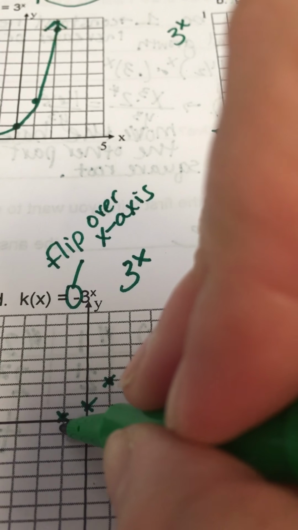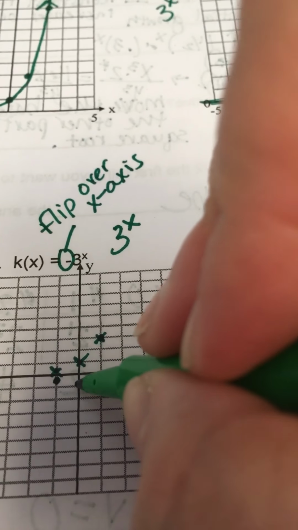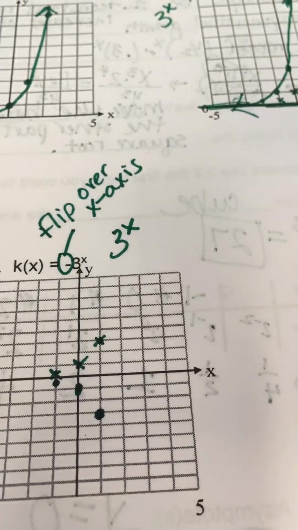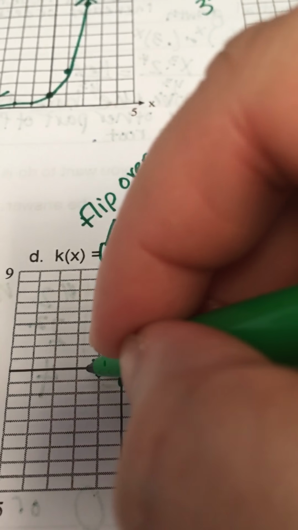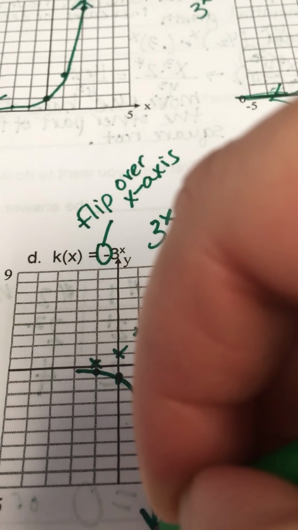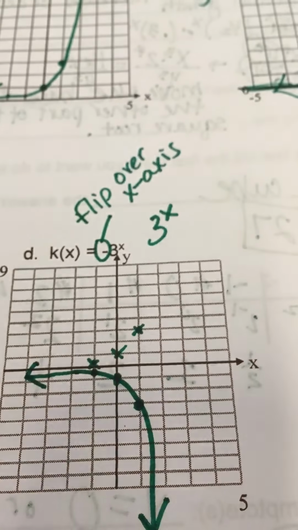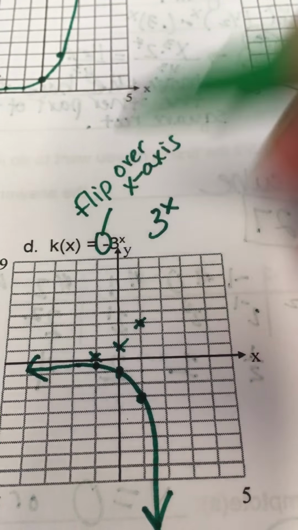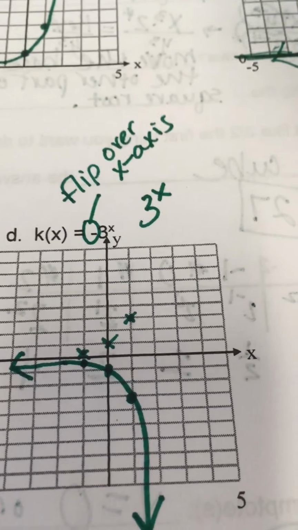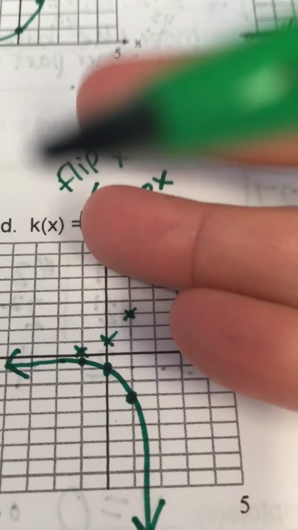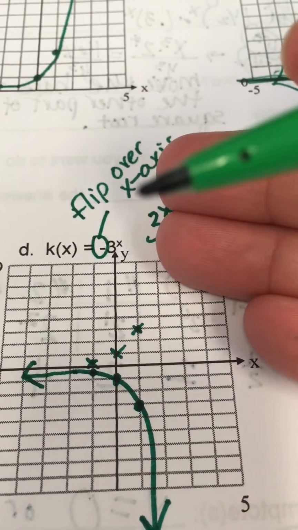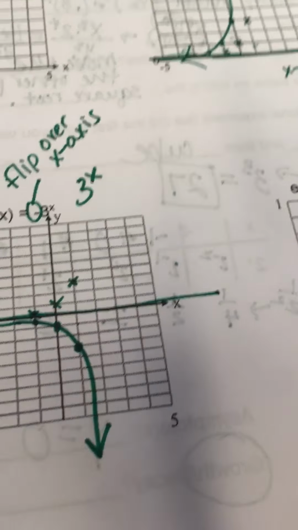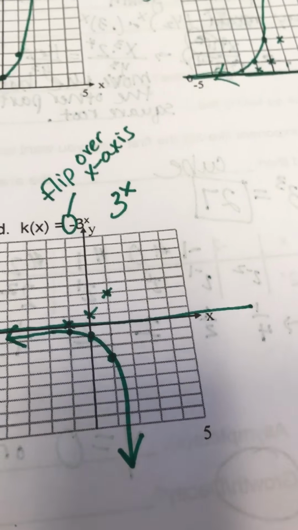It's a negative, so this goes upside down. If the negative is in front of the function, just like we did before, it flips from being up to being down. The asymptote is still here. The asymptote is actually the line it flipped over, so it's the y equals 0 line.